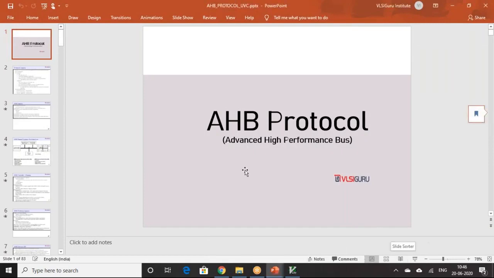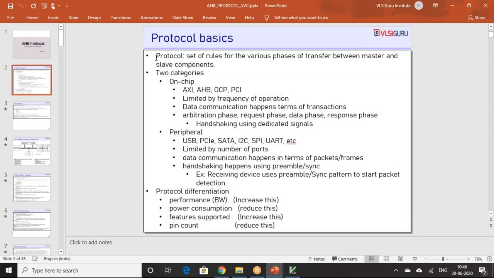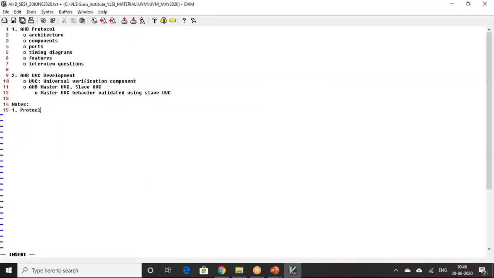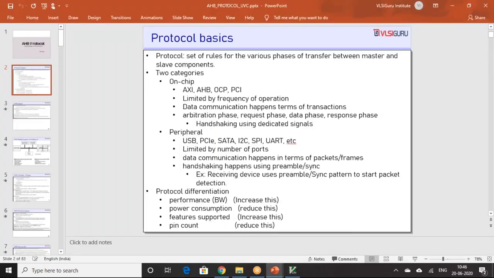AHB stands for Advanced High Performance Bus. That is why it is AHB. So first let us start with some protocol basics. What is a protocol?